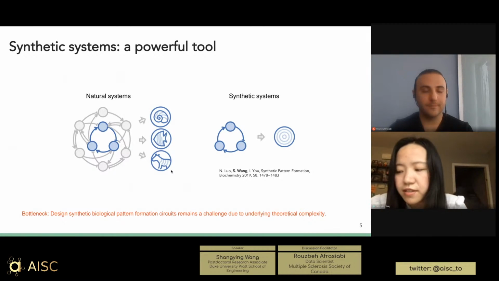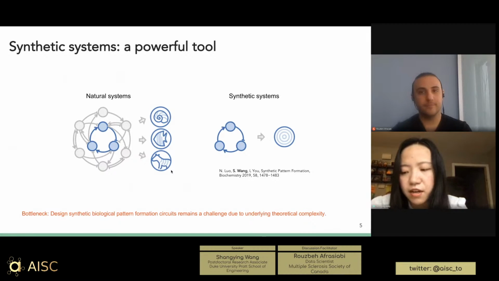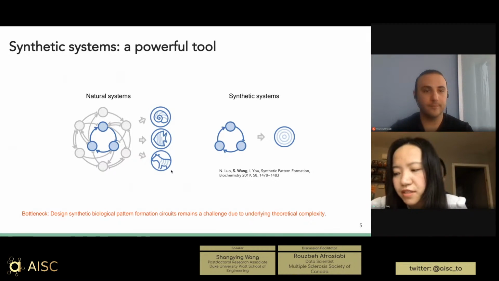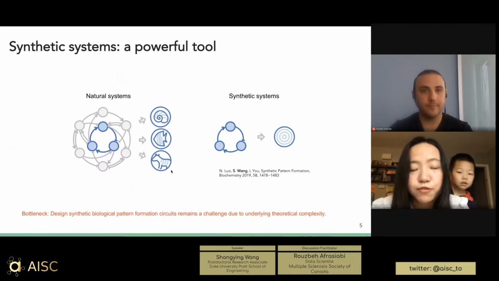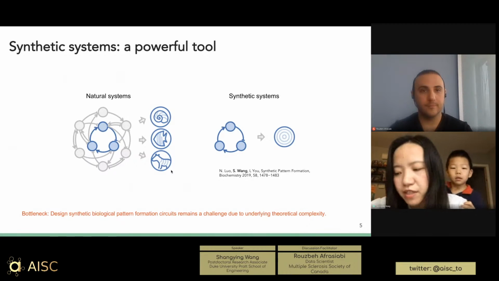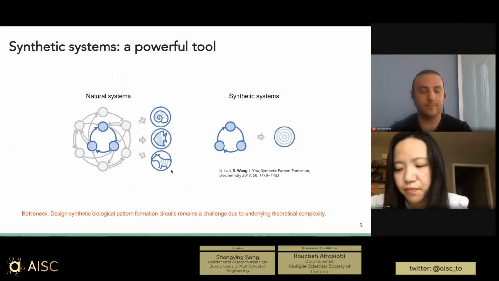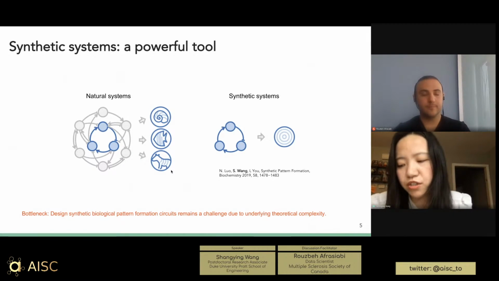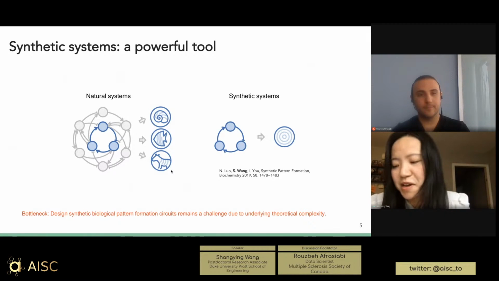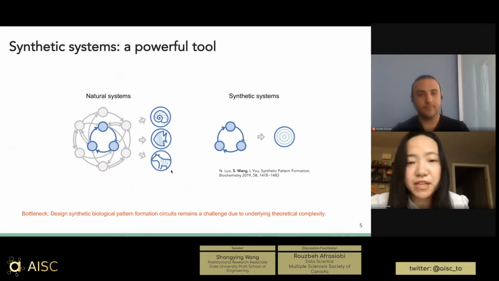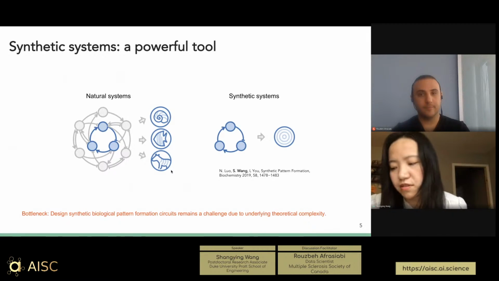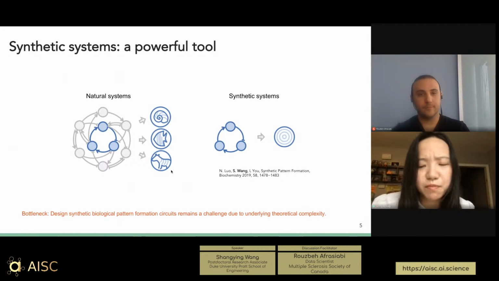In natural systems, there are lots of elements and pathways. The key components responsible for the forming of a pattern are always buried in a complex network. It is very challenging to uncover the mechanism underlying the pattern formation only on the basis of studies in natural systems, because one perturbation can cause changes of lots of elements.